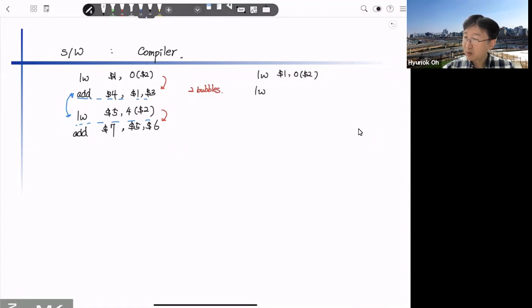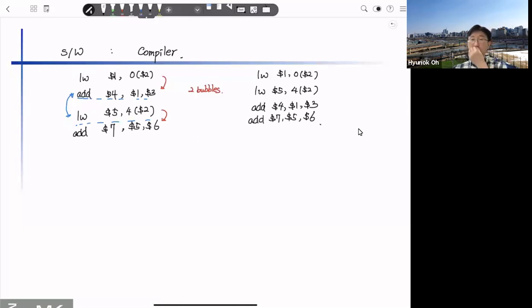So here load, and here we are executing add, and add. In this case, how many bubbles?